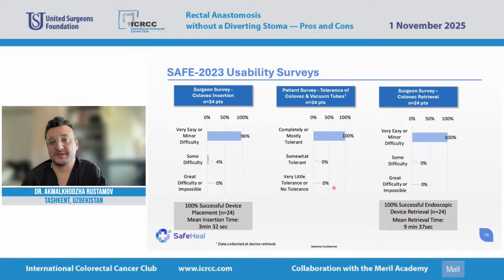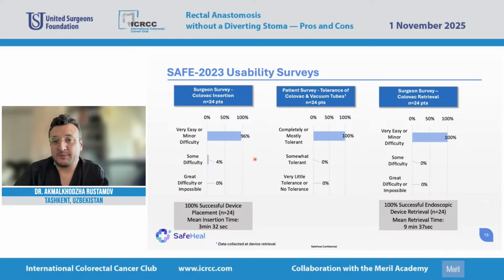We also assessed usability from both surgeons' and patients' perspectives. Insertion was rated as very easy or with only minor difficulty in 96% of cases, with a mean placement time of just over 3 minutes. And all placements were successful.